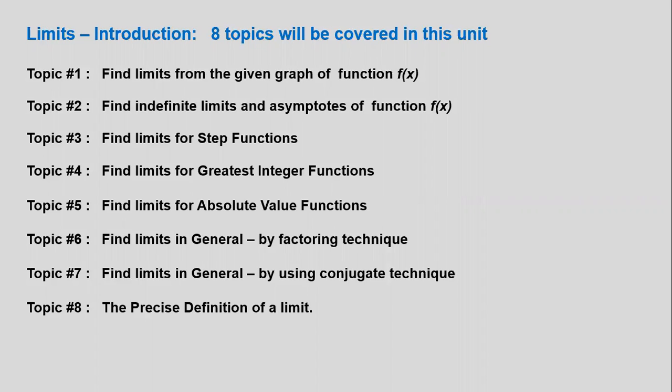and how to get the limits. And then the next 2 videos, topic number 6 and number 7, we're going to talk about some very specific techniques. For topic number 6, we find the limit by using factoring. After factoring your function, how do you find the limit?